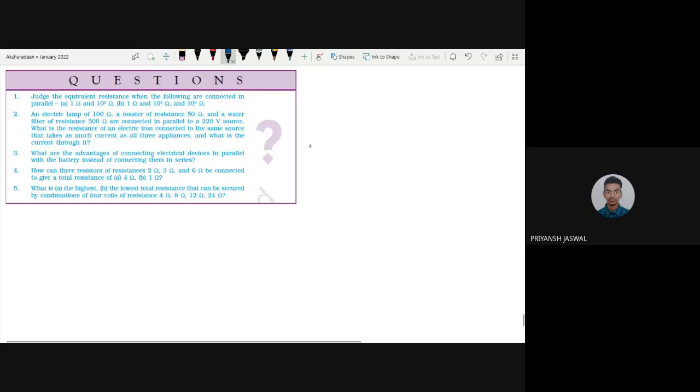Next question, what are the advantages of connecting electrical devices in parallel with the battery instead of connecting them in series? So we have to write the advantages.